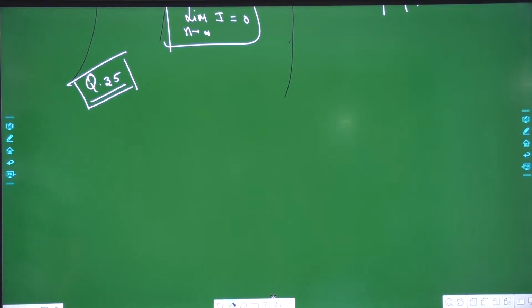The question was asked regarding a function's derivative, and whether it is increasing or decreasing. This was the kind of question that was asked in the examination.